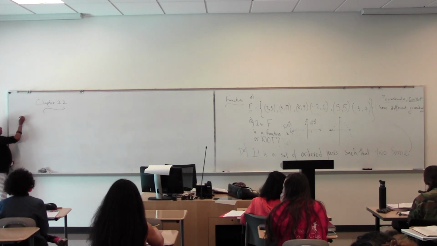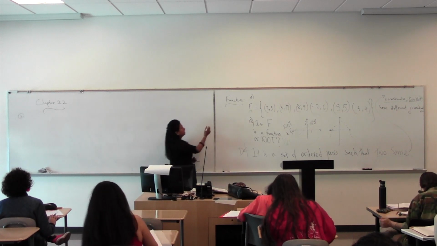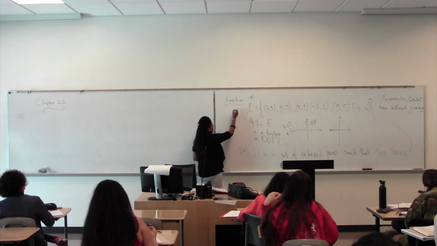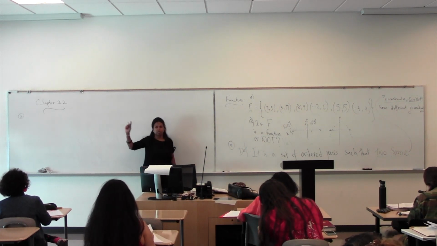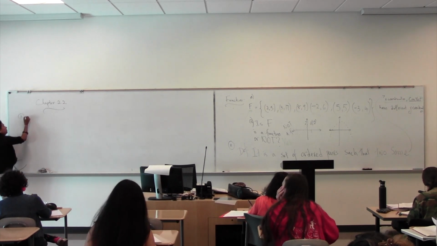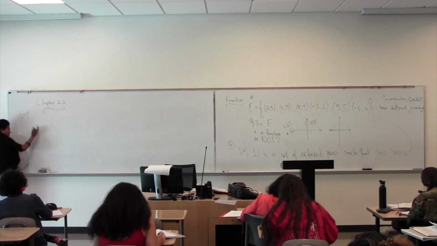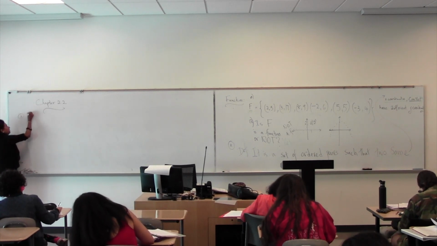Now the third thing about functions. The first one was relation, the second one is function. This is the definition for function, number 2. Number 1 is what a relation is. Number 3, I want you to know types of functions.